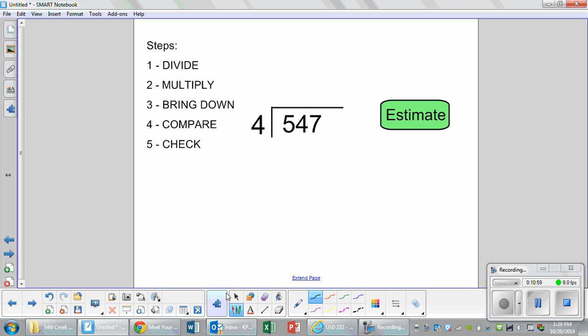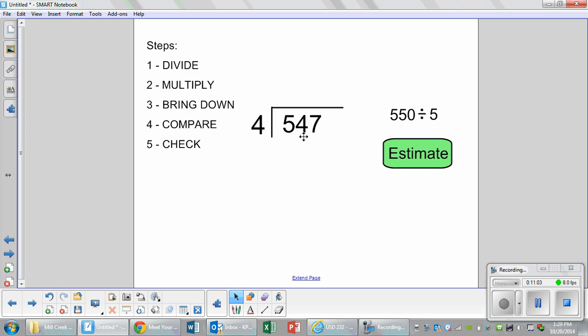All right, so if you practiced, here's what I would have done. I would have found two numbers that were compatible. So because 54 divided by 4 is not a basic fact, I can't really just make this 540. I chose to make it 550 and then divide by 5.